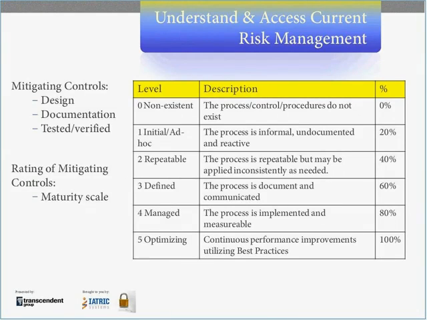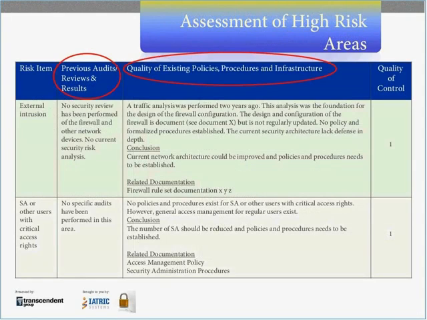Preferably, you would be up in the third or fourth level to have good mitigating controls. Based on this information, coming back to the documentation again, you need to document what kind of mitigating controls we have, and this is exemplified here. Look at previous audits as well, and policies, procedures, and other mitigating control factors, and assess the quality of the control. Based on this information, we can put together the net risk map.